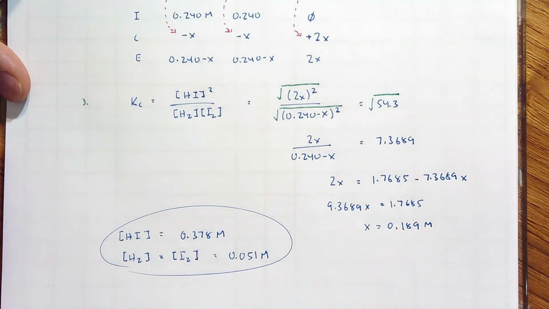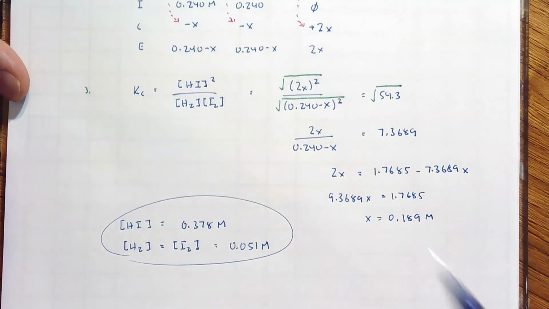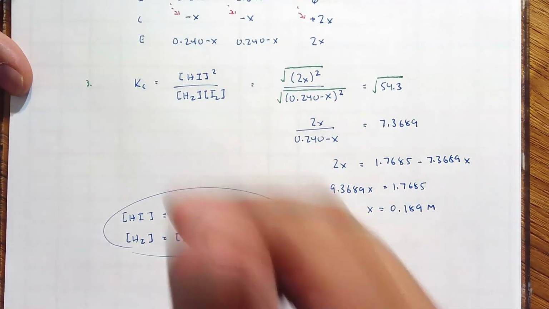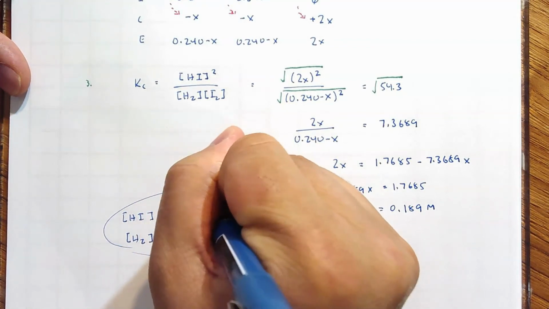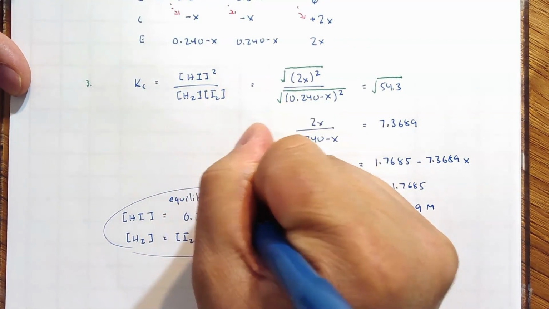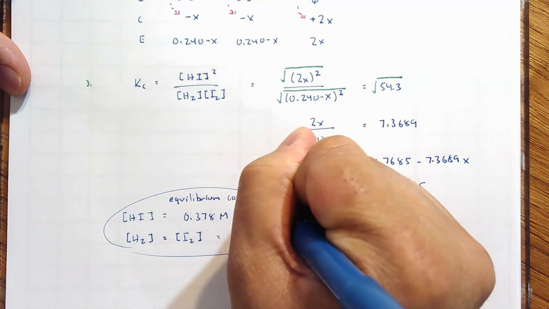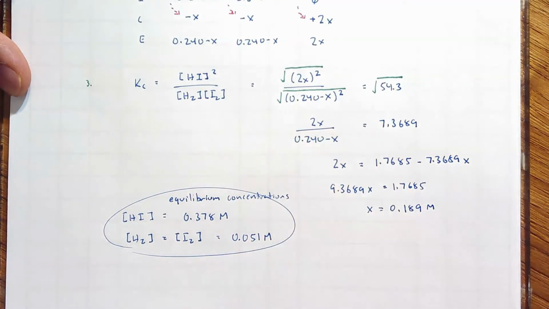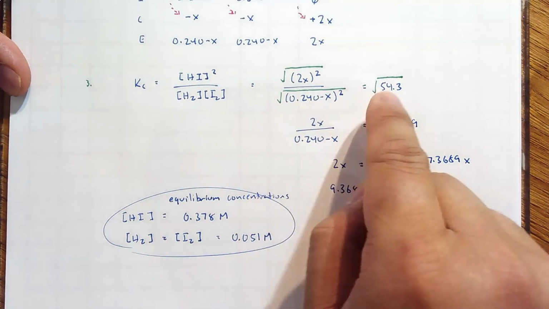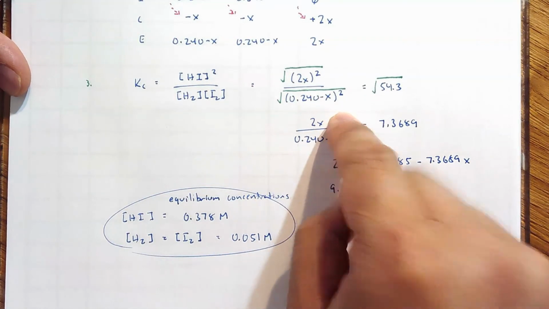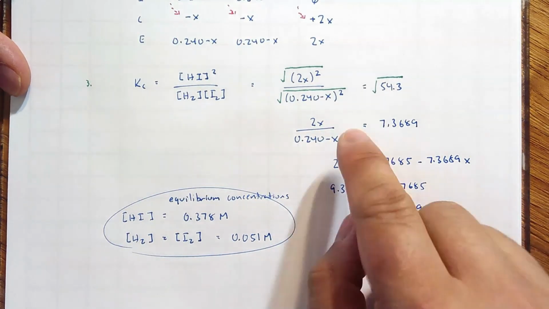So here, we should just understand that these are equilibrium concentrations now. And what was the trick? Recognizing that we can take the square root of every term in the expression and solve for x.